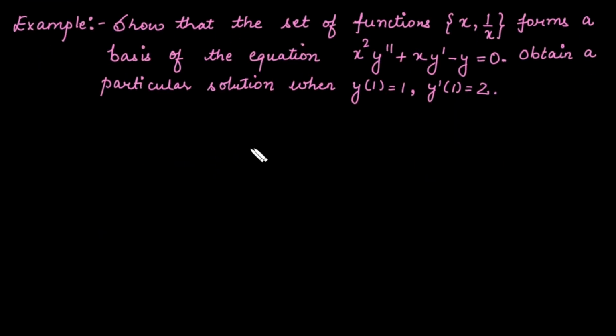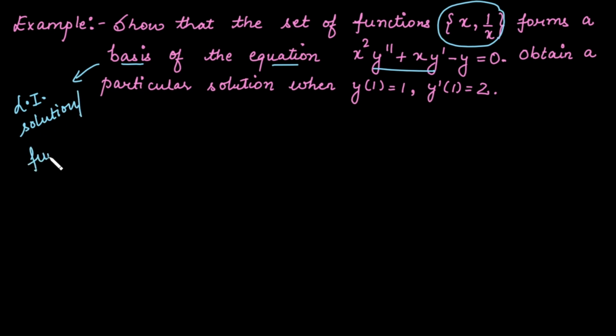Let's take another example. In this case, we need to show that these two functions are a basis of the differential equation. Basis means they are linearly independent solutions. Sometimes it is also called the fundamental solution.